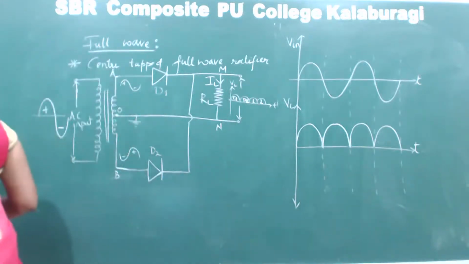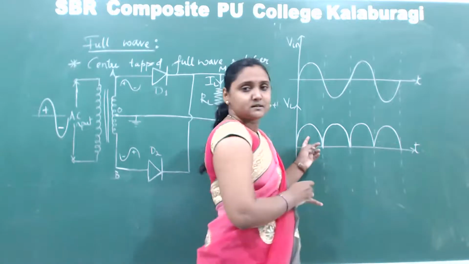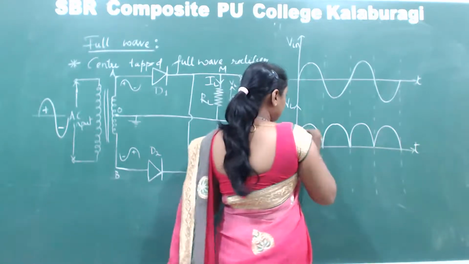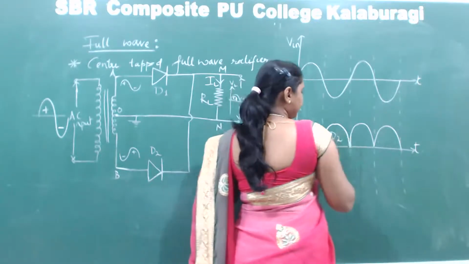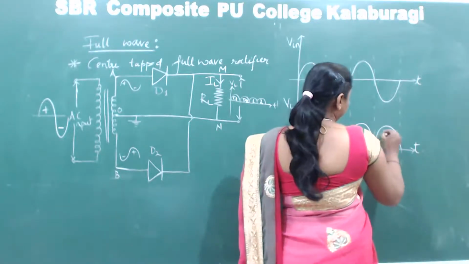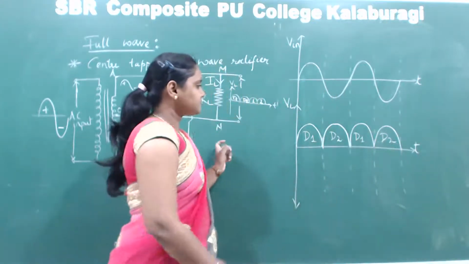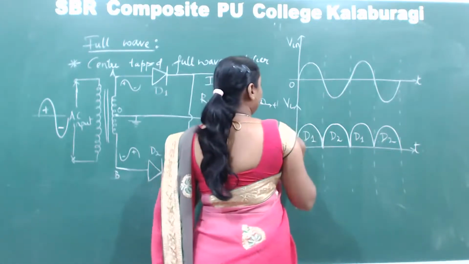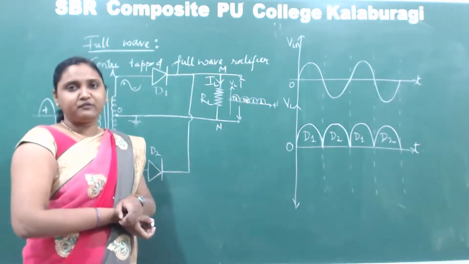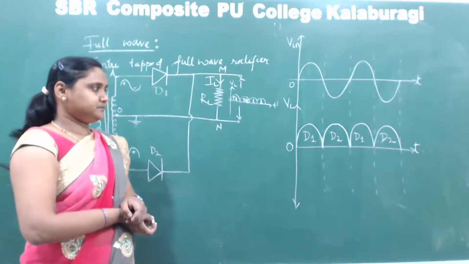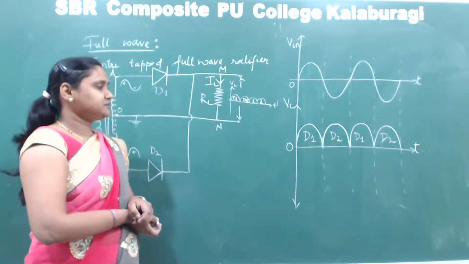This is VL, and this cycle is resulting due to D1. This is resulting due to D2. Again due to D1 and again due to D2. So this is the output for the center tapped full wave rectifier.